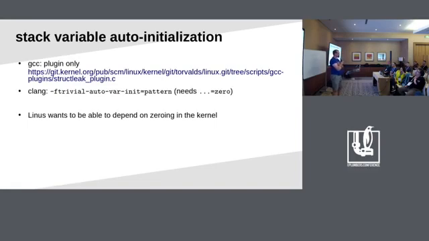That works in Clang. Linus has been pretty explicit about wanting it to be zeroed, not just not uninitialized. So Clang's implementation right now adds a bit pattern instead of zeroing, which is fine for avoiding uninitialized variables, but it's not great for how Linus views the future of that kind of thing.